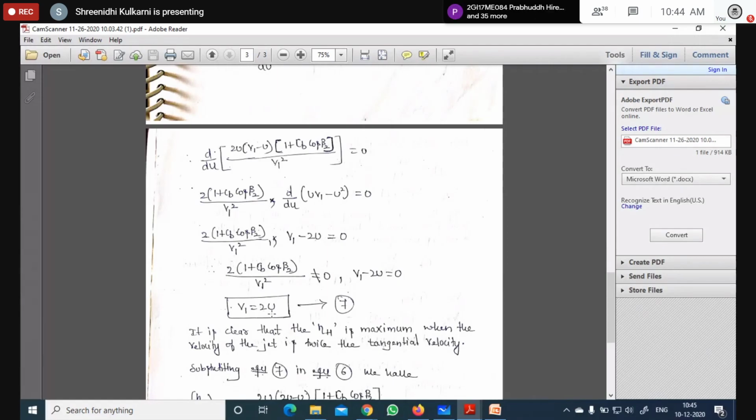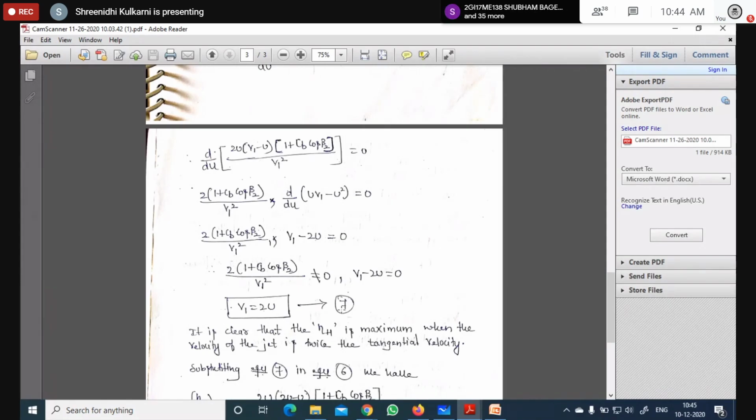U is nothing but the tangential velocity, or the blade speed velocity. So when the absolute velocity is twice the tangential velocity, we get the maximum hydraulic efficiency.